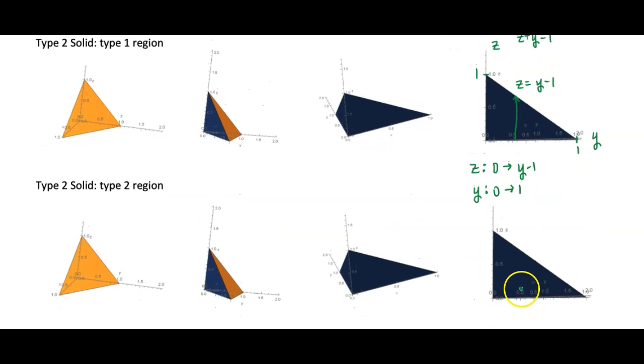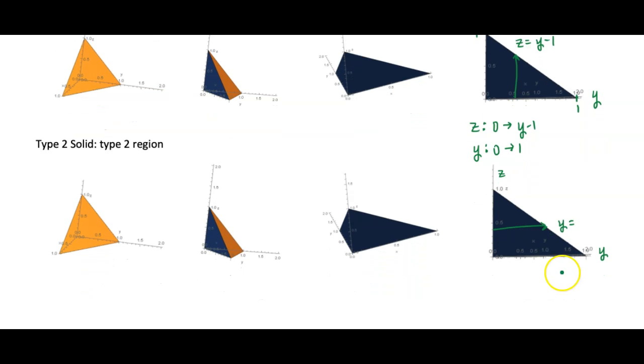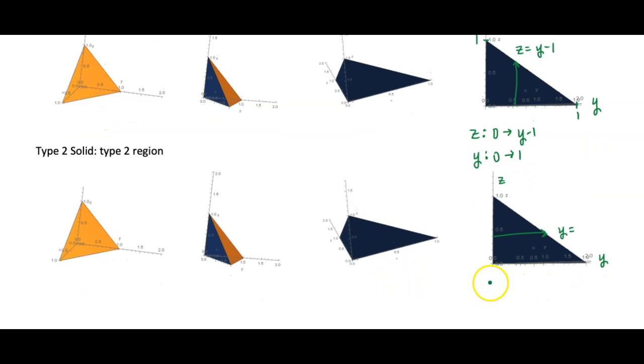As a type 2 region, I can draw this horizontal arrow, and because this is my z and y axis, because this arrow is parallel to my y-axis, my y bounds are going to be a function of z.